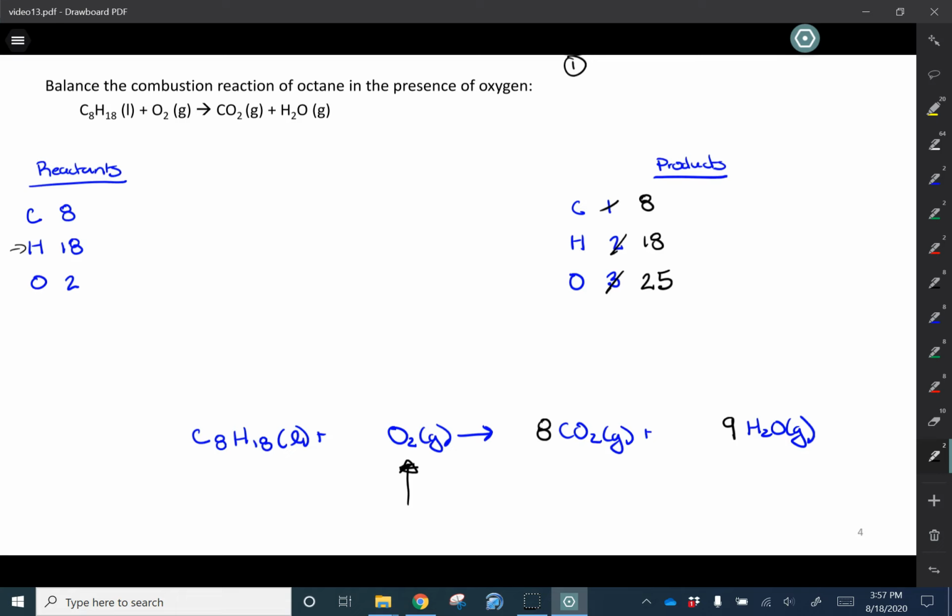So that tells me that I actually need to go back to the right side of the equation and make some changes here, because I won't ever be able to get 25 oxygens on the reactant side. So we'll do in red step 2.